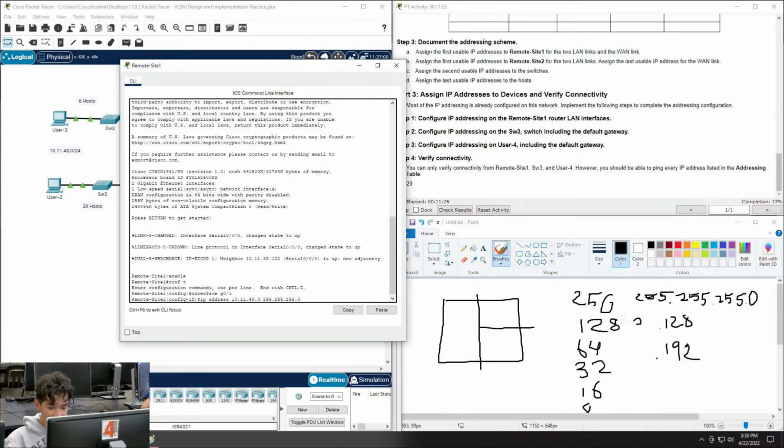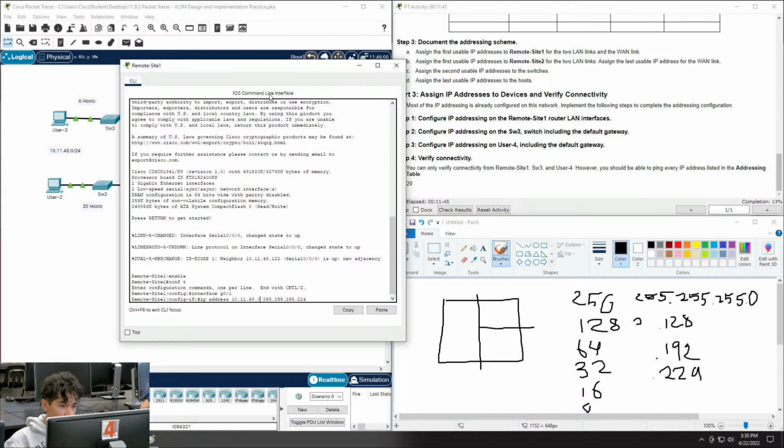So we know 128 would be .128, 64 would be .192, so we would just add 32 to 192, which would be 224. So we would use that, 224.